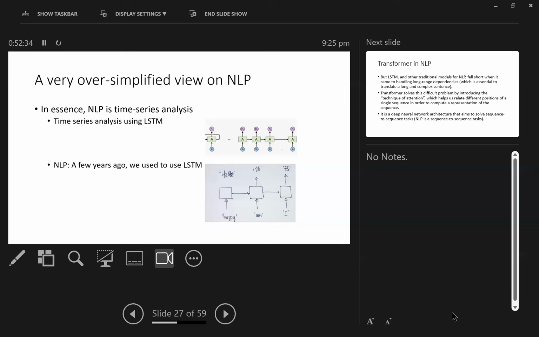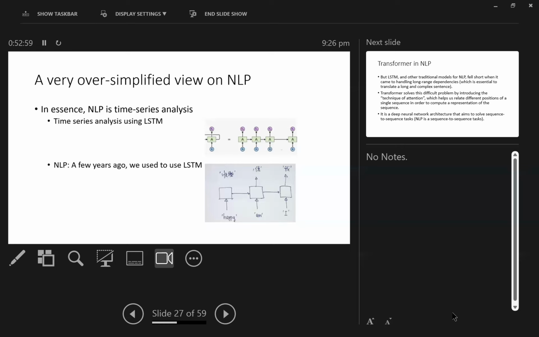Okay, for example, you already understand that "happy" and "am" are the two previous words, and the new word here usually is for the subject. So the previous words will help us to make a prediction on the next word.